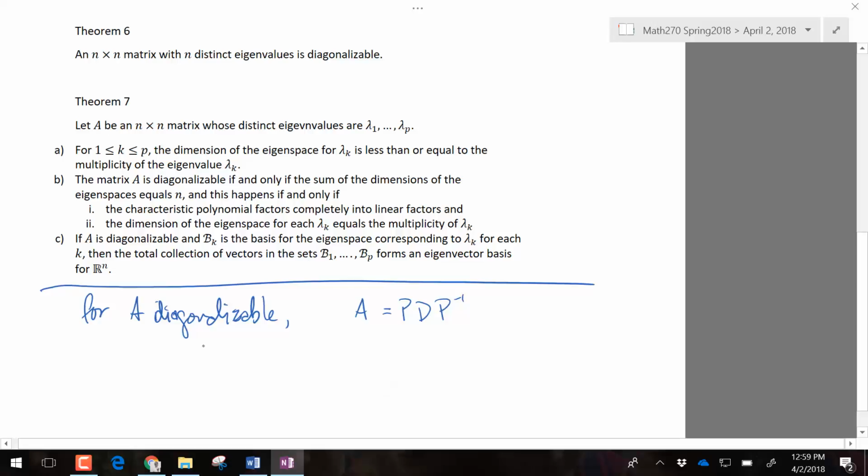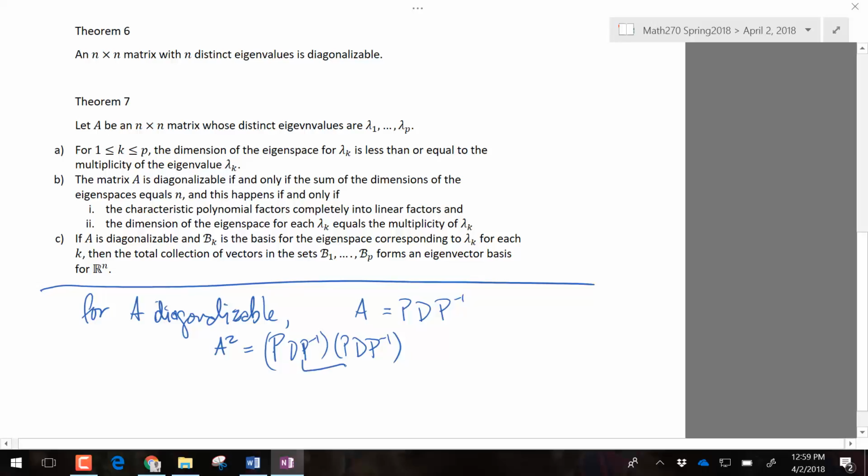What happens is, I don't know if I showed this to you guys before, but if you raise the matrix to a power, we would get P D P inverse times P D P inverse. So that's what A squared is equal to, right? And although matrix multiplication is not commutative, it's associative, which means we can regroup any way we want.